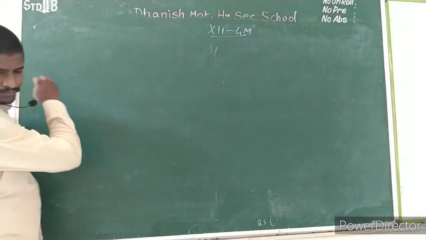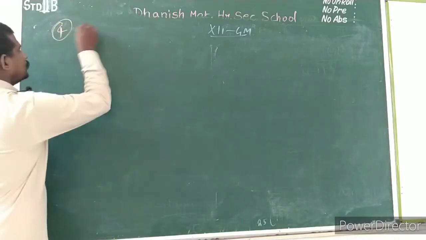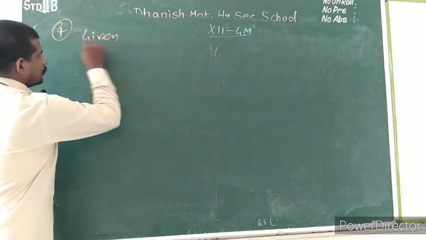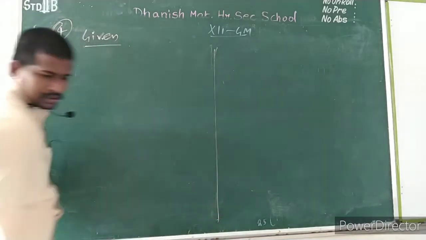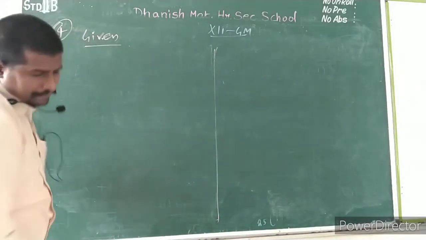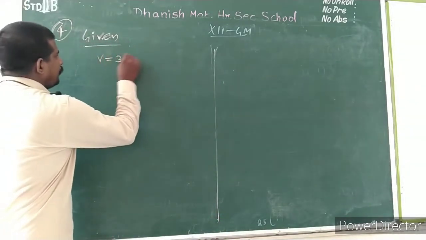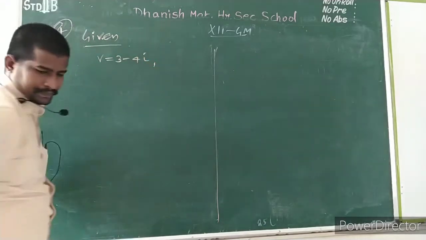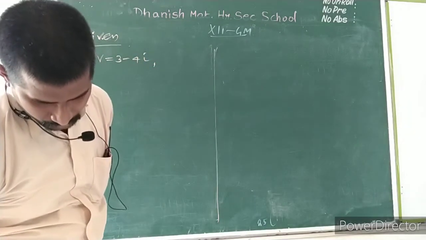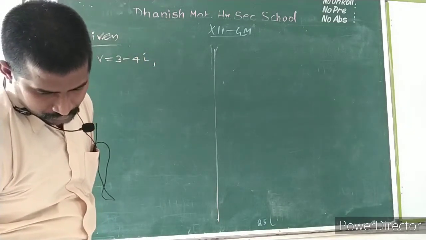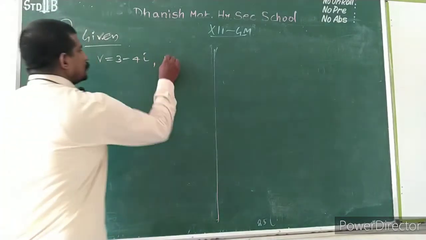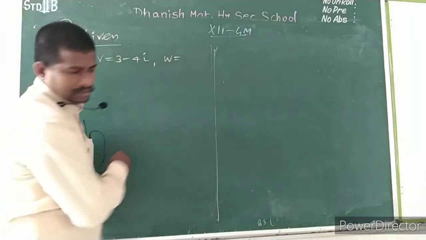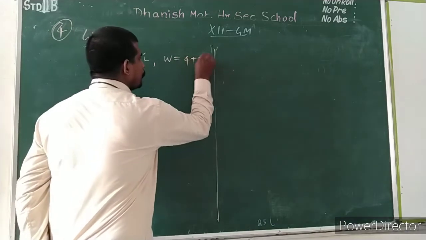I am going to write the given values. First we should write the given. What's the given? v equal to 3 minus 4i, then w equal to 4 plus 3i.